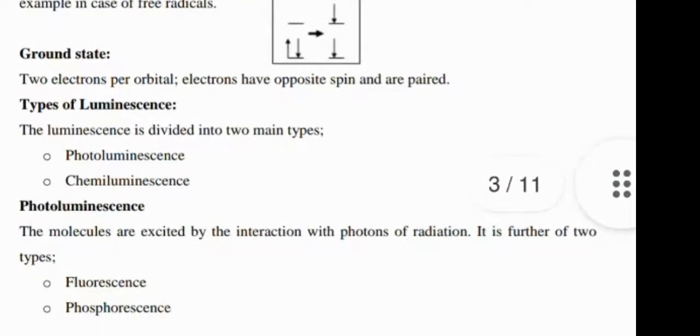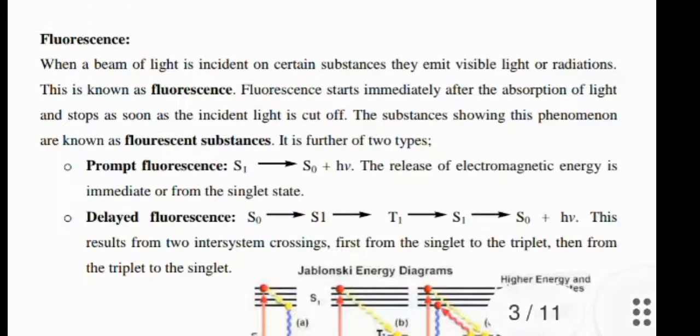Luminescence has two types: photoluminescence and chemiluminescence. First is photoluminescence. The molecules are excited by interaction with photons of radiation, and it is further of two types, including fluorescence and phosphorescence. What is fluorescence? When a beam of light is incident on certain substances, they emit visible light or radiation.